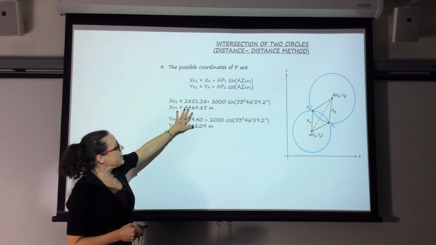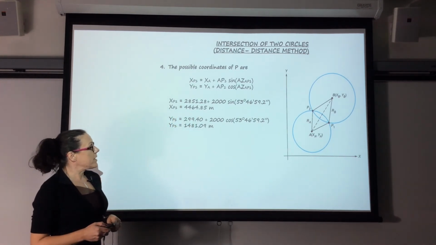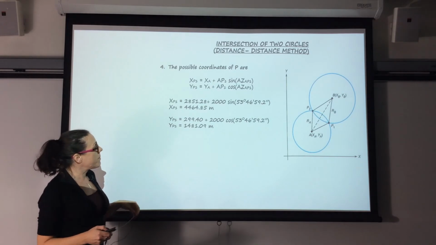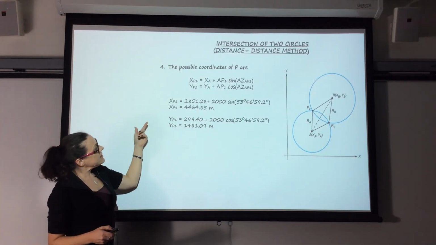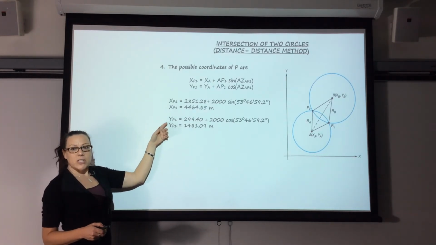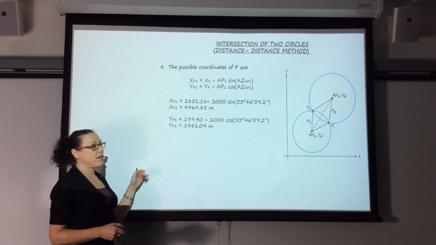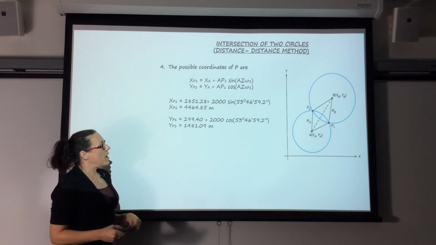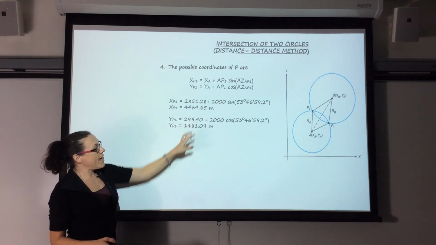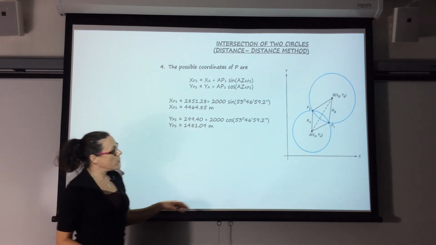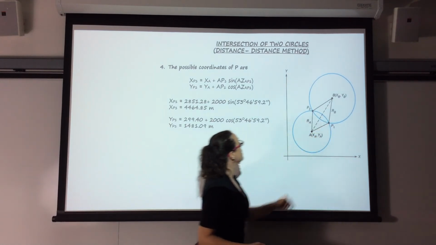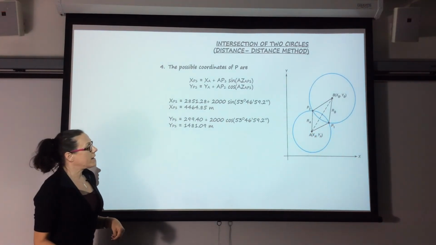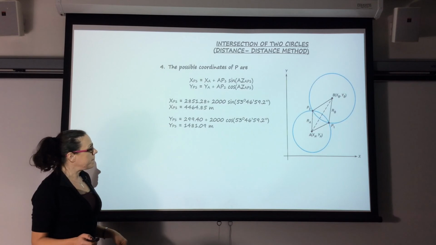So we can find that the x of P is going to be 4,464.85. I kept telling you it was feet a minute ago. It's actually meters. That's what happens when you don't carry your units with you. And the y value, y sub P1, is again the y at A plus the distance, which is our radius from here to here, times the cosine of our azimuth from A to P.